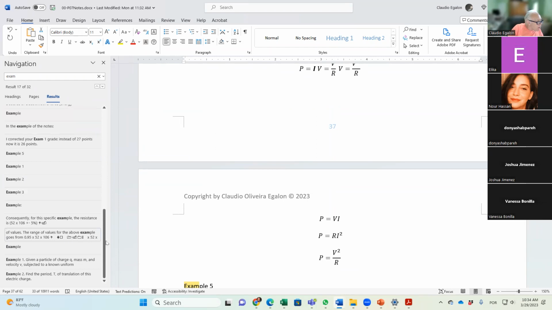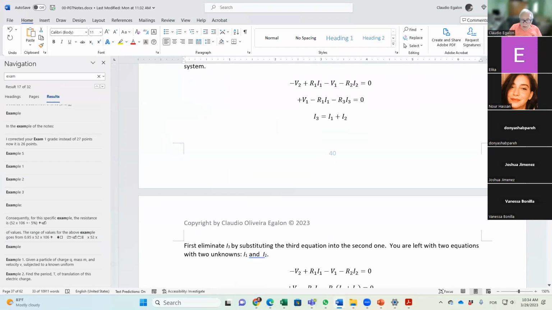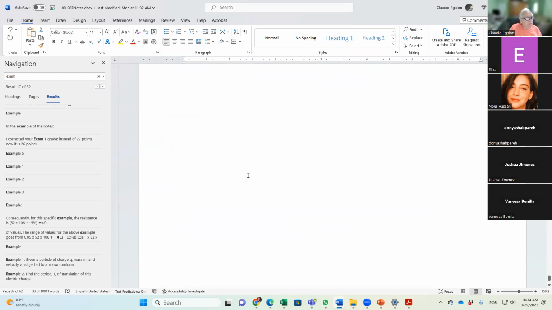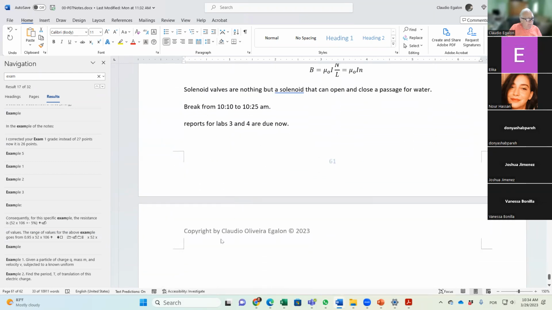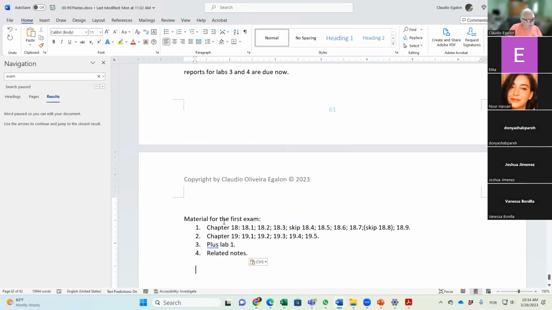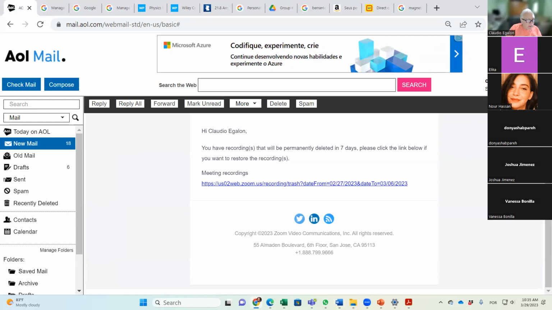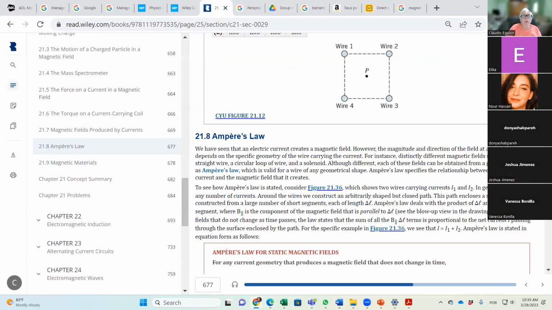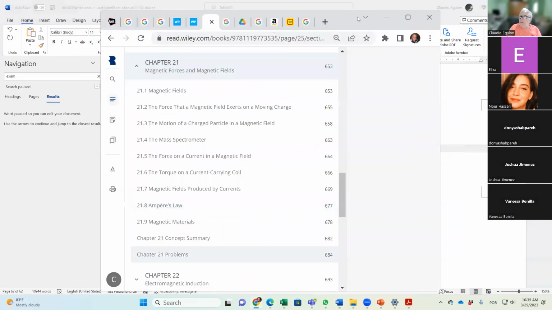See if we have more. No, don't have more. Let's go down here. Material for the second exam. It's chapter 20, chapter 21, lab 2 related notes. Let's see what are the sections of chapter 20 and 21. This one here. Let's move to the side.